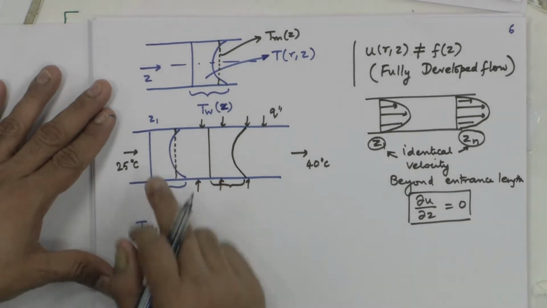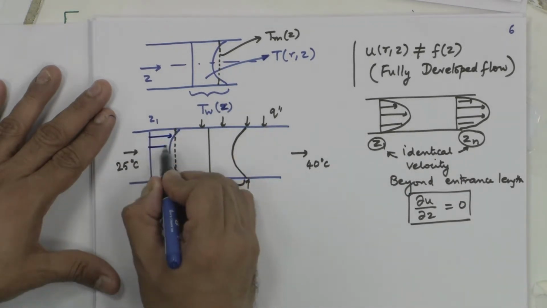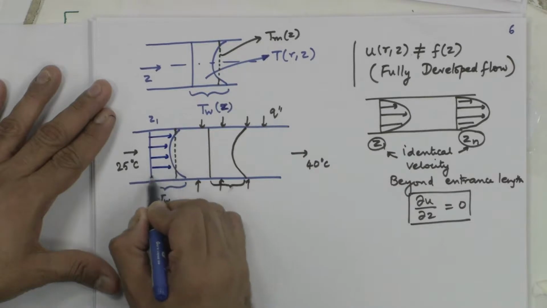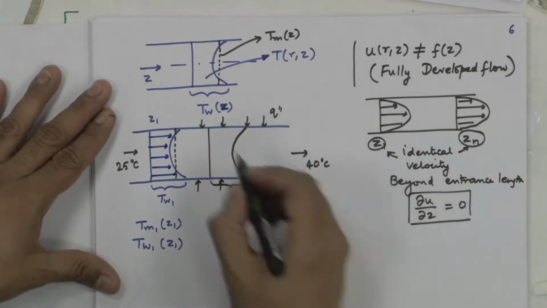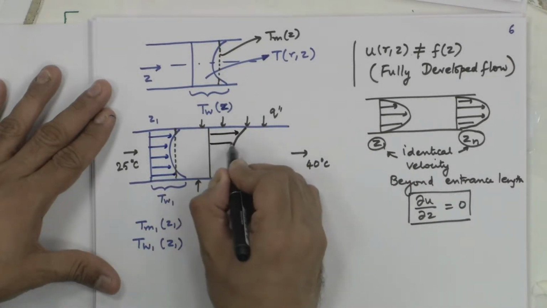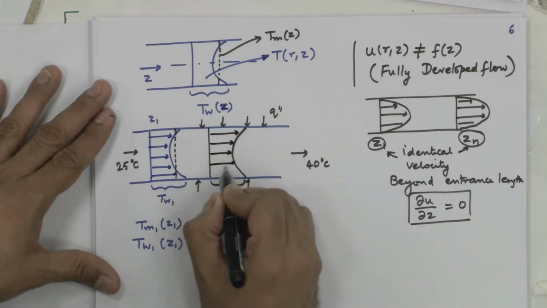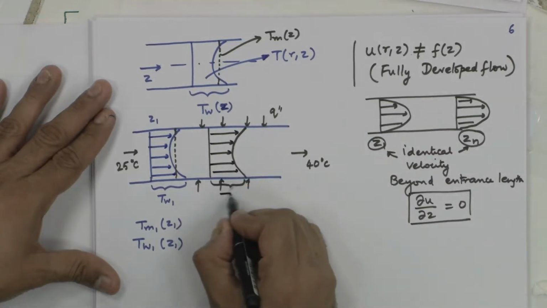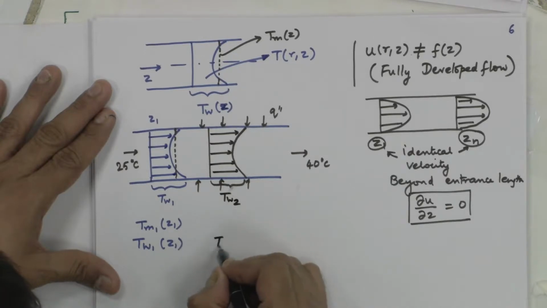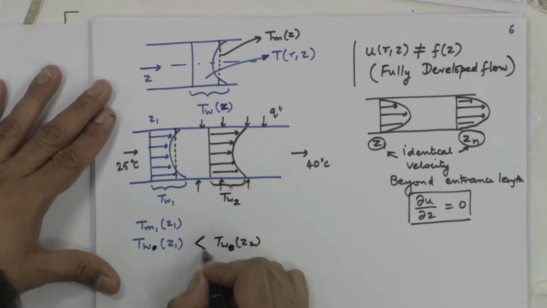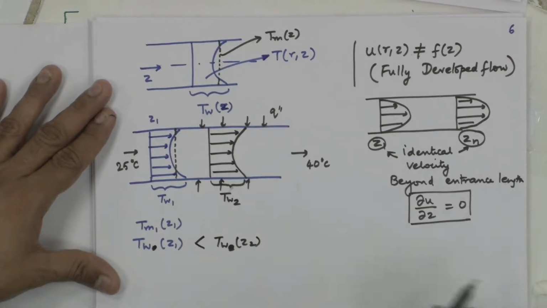You can notice the lines here, which are a representation of the temperature, are smaller than the lines here, which are a representation of the fluid temperature. T wall 2 at Z2 is going to be greater.